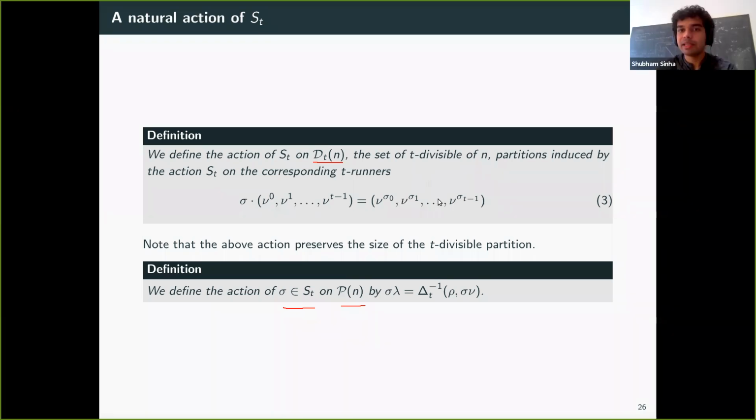Although this is just for T-divisible partitions. So here we are being careful. For a general partition, we are not permuting the T-runner. We are keeping the core aside and permuting the T-tuple quotient. Maybe it's something which can be worked out.